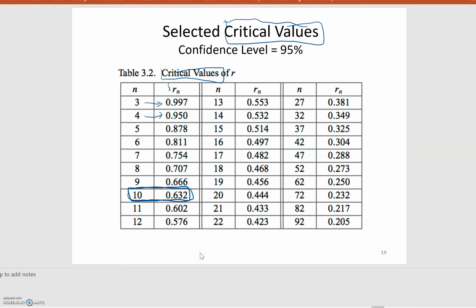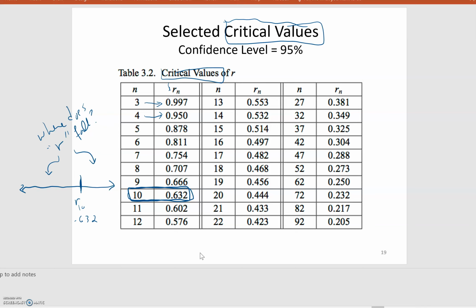So here's the way we're going to use this. We can think about this positively and negatively. Let's talk about it positively first. So here's R sub 10, which is 0.632. Think about this as a normal number line, going in the positive direction and the negative direction. What we're going to see is, where does R, the correlation coefficient, fall? Is it here, or is it here?